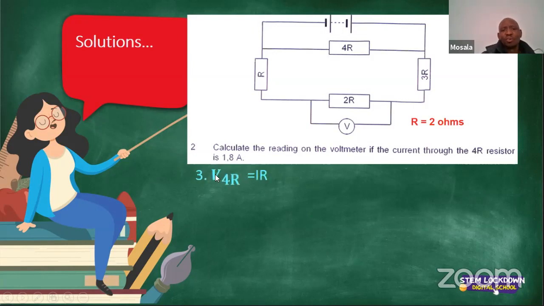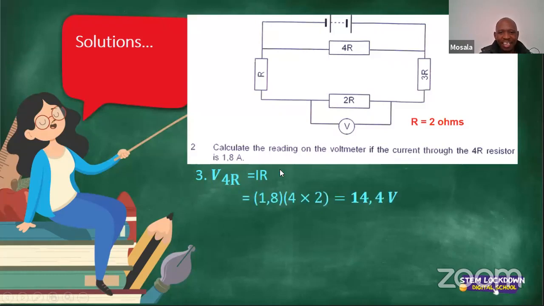What we know is that V, the voltage across the 4R resistor, equals IR.